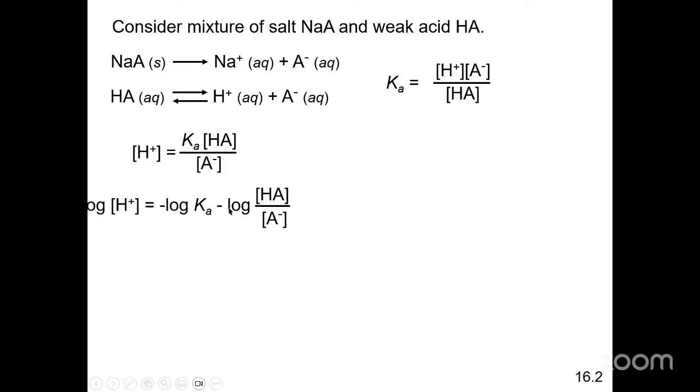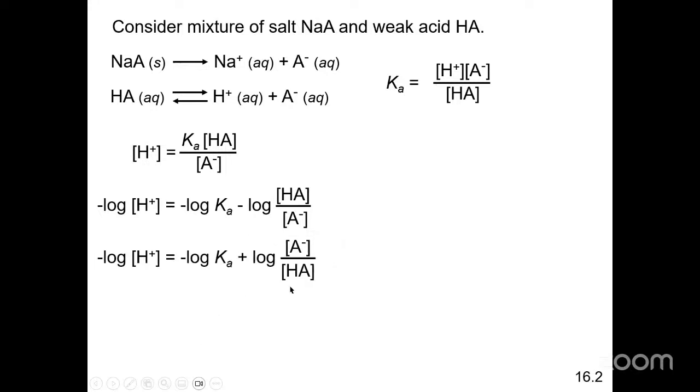Okay, so we can basically express this as the log of the concentration of A minus divided by the concentration of HA. You'll notice what I did here is that I switched these two. One becomes a denominator and the other becomes a numerator.